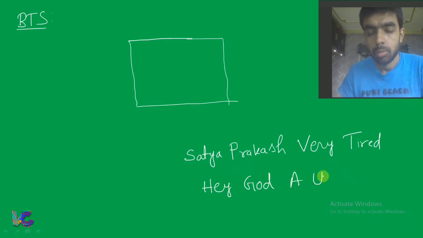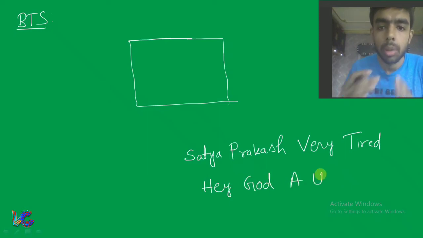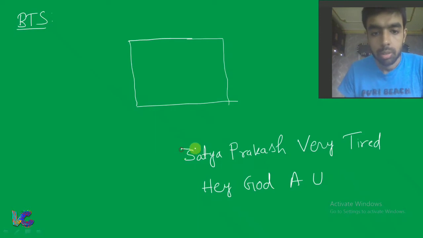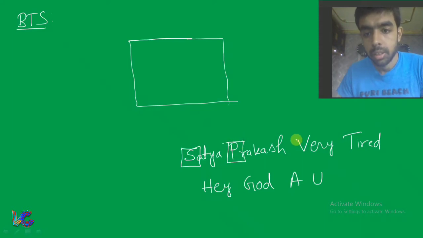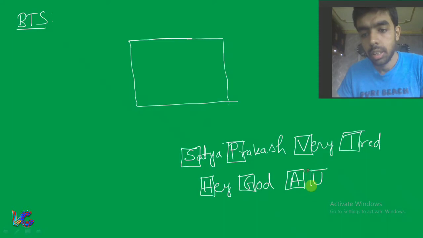By this you can remember the Born thermodynamic square. So how? Satya, that means S is entropy, Prakash, P is pressure, very, V is volume, tired, T is temperature, H is enthalpy, G is Gibbs free energy, A is Helmholtz free energy, and U is internal energy.